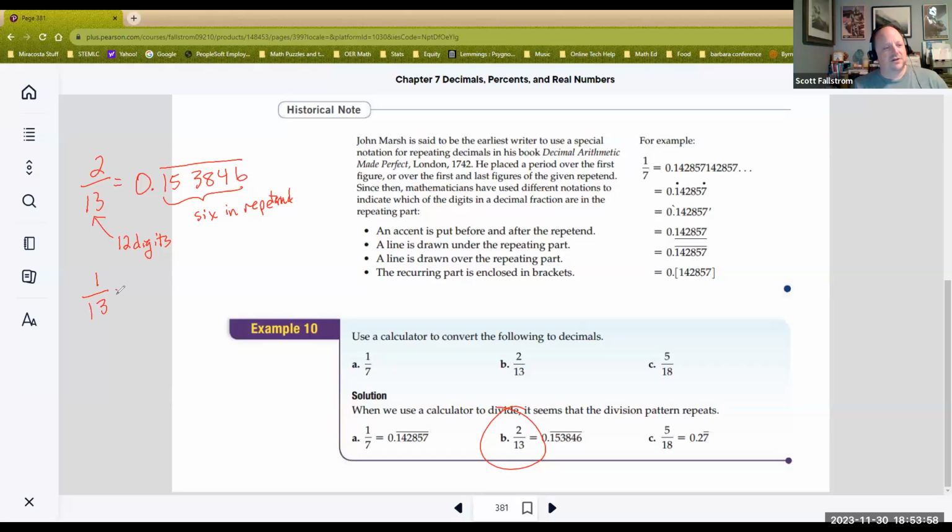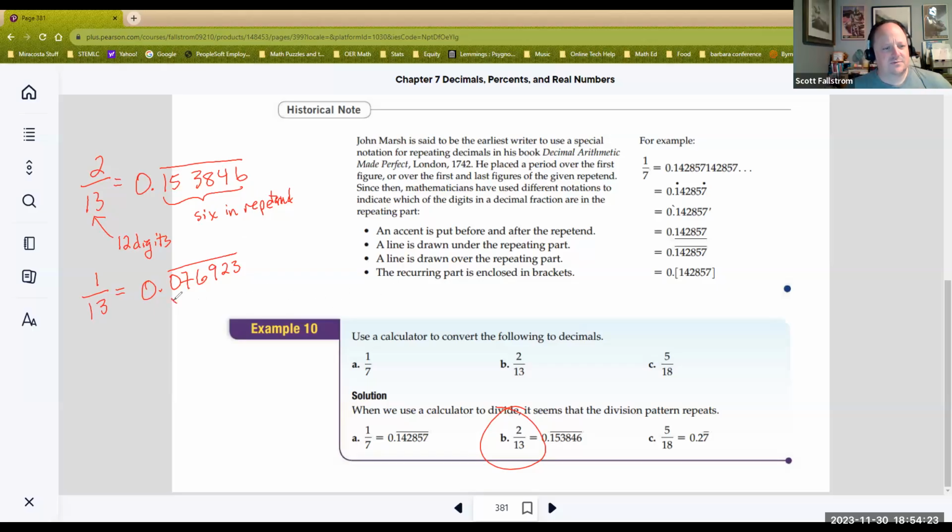So 1/13 is 0.07. And let's see here. I'll grab a calculator just to get there. I did this in class without, and I'm just going to save time. 0.076923 076923. So there it is.